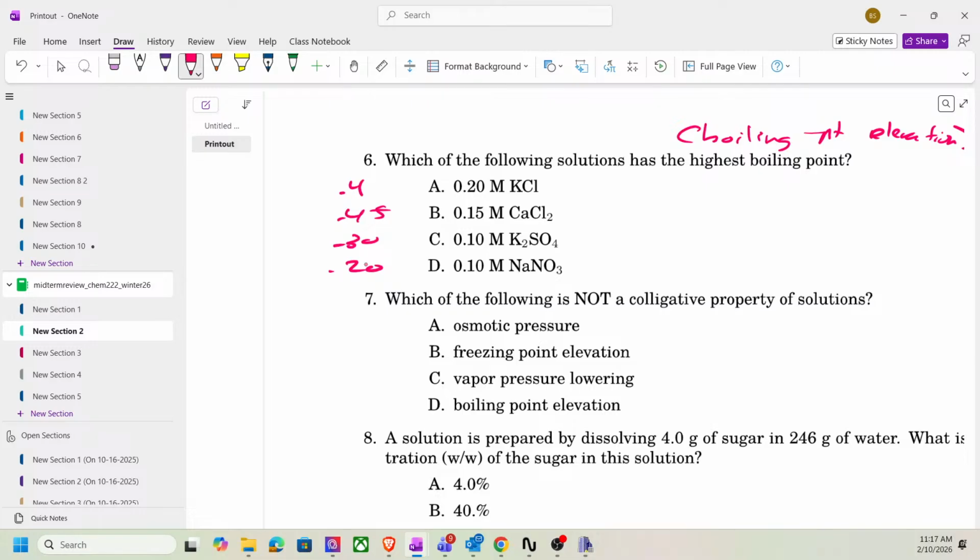And so the highest boiling point should have the greatest moles. So it looks like B for my calculations. And just double checking, yes, yes, yes. Any questions on those? I don't want to move too fast either. Definitely stop me if you have a question.